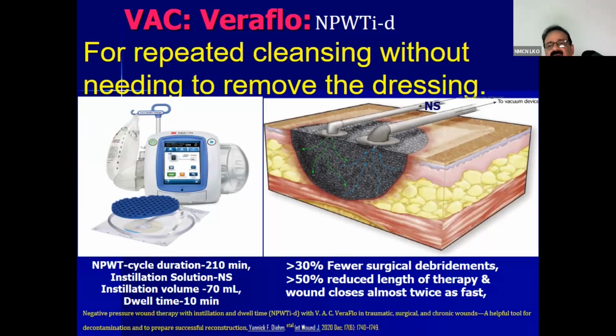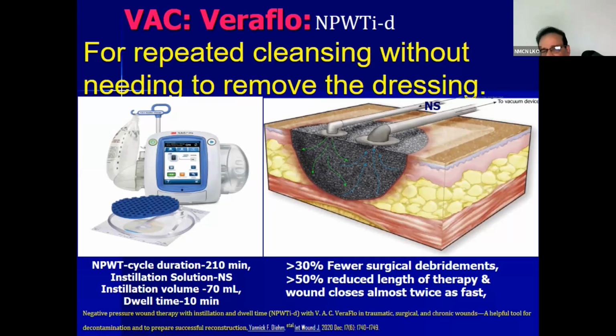Actually, it has one inlet through which the normal saline is sprinkled over the wound. Normal saline remains over the wound surface for 10 minutes. Around 70 ml of normal saline is put, and then through this tubing, that normal saline or whatever fluid is there, it is aspirated. So this type of cycles keep on going for 210 minutes. You can say 3.5 hours.